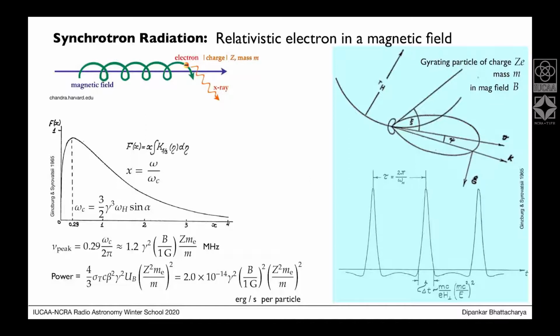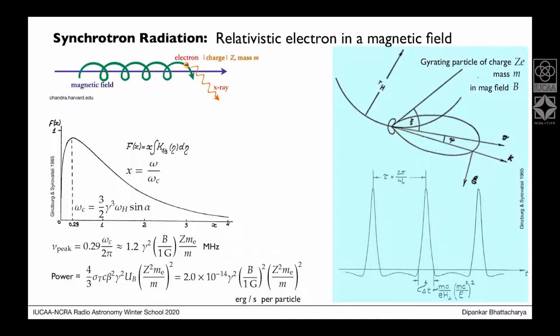So it rises, it achieves a peak, and then it goes down. And the peak happens to be nearly at the Lorentz factor cubed times the gyro frequency. Now the gyro frequency itself, when the Lorentz factor is high, goes down by a factor of gamma from the cyclotron frequency, as I mentioned before, 3 megahertz per Gauss. So the gyro frequency omega_H itself is the cyclotron frequency over gamma, but the peak of this emission is at gamma cubed times the gyro frequency.